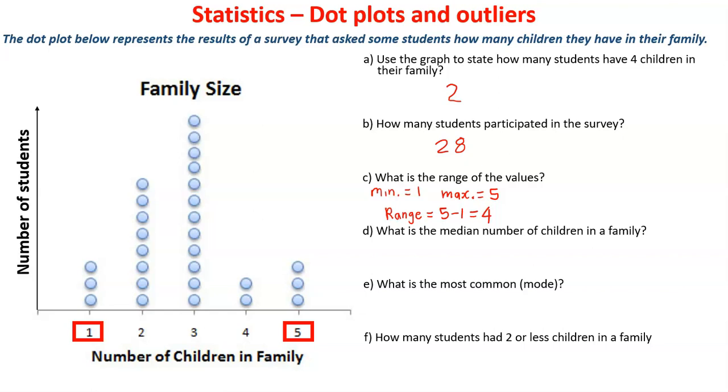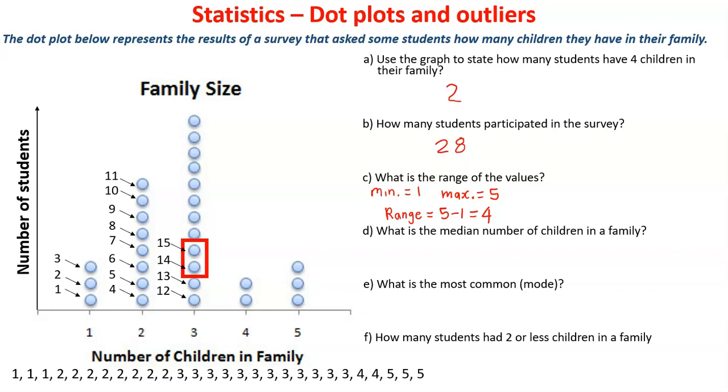Question D. What is the median number of children in a family? So based on our survey here, we need to work out what is the median. Now, this is where dot plots are quite useful for us because it's quite easy for us to see, and I'll show you how we can work that out. I've got a lot of information here and I'll just explain to you how this works. Down below, I just extracted all the information just so you can understand what we're doing.